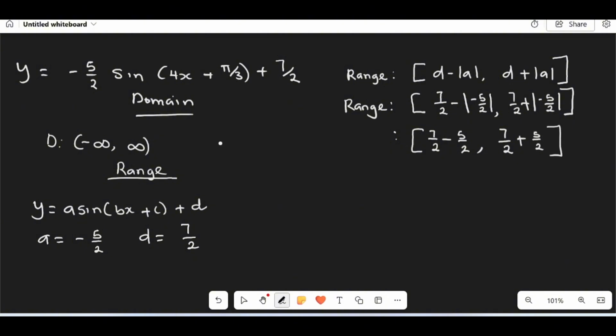If we do this simplification, our range is going to be [1, 6].